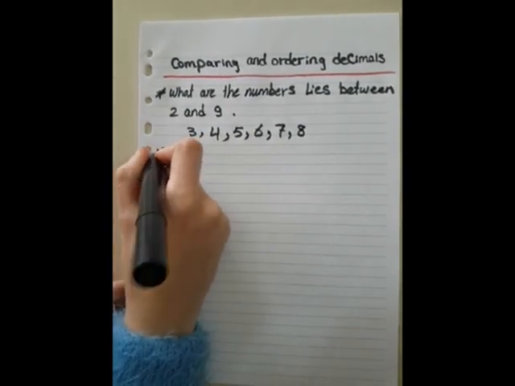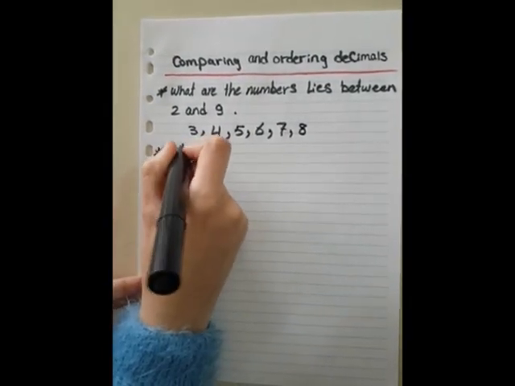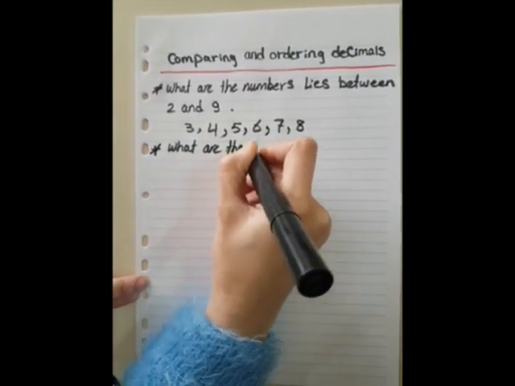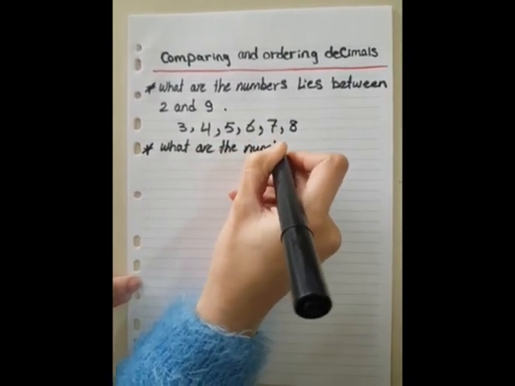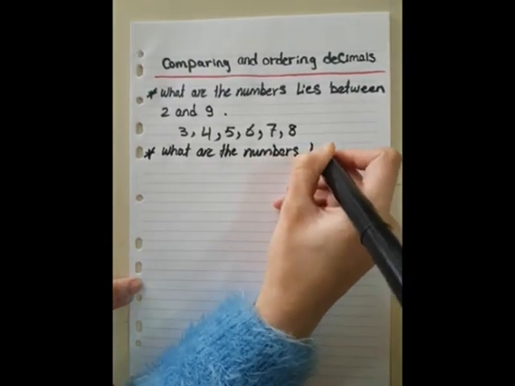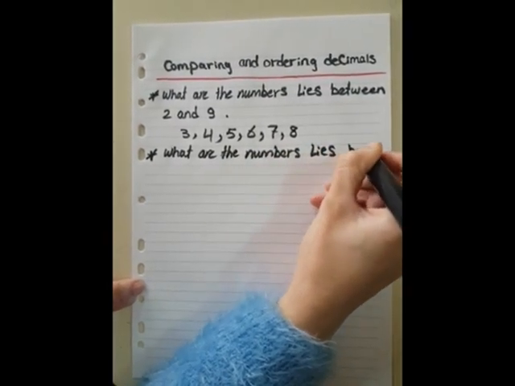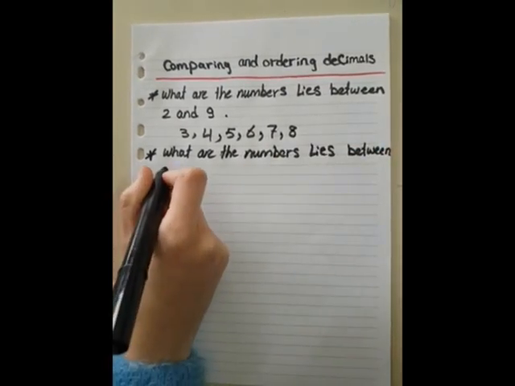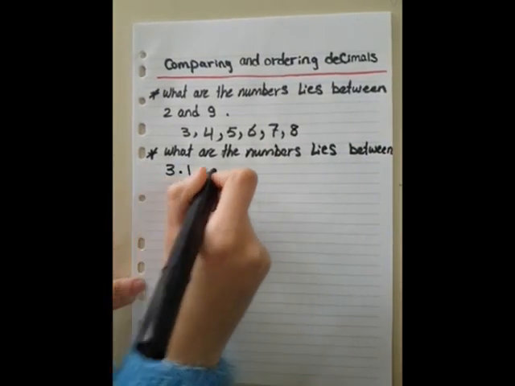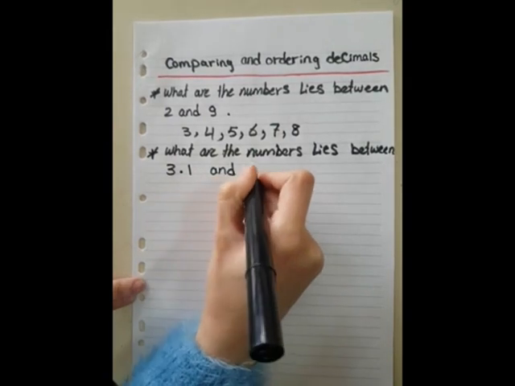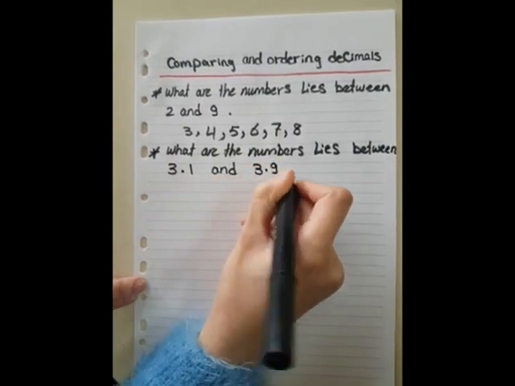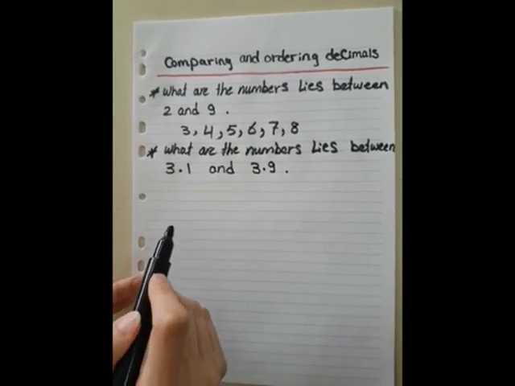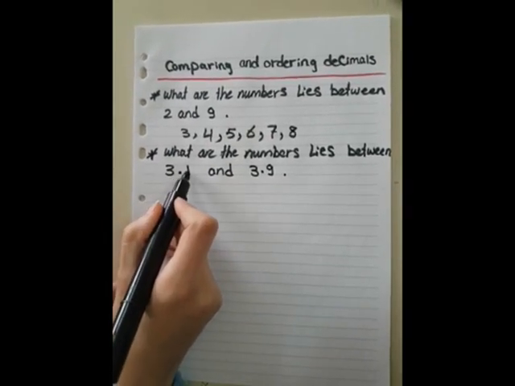Okay. What if we have, what are the numbers which lie between 3.1 and 3.9? At first we have two decimal numbers. So what are the numbers between the 1 and the 9?